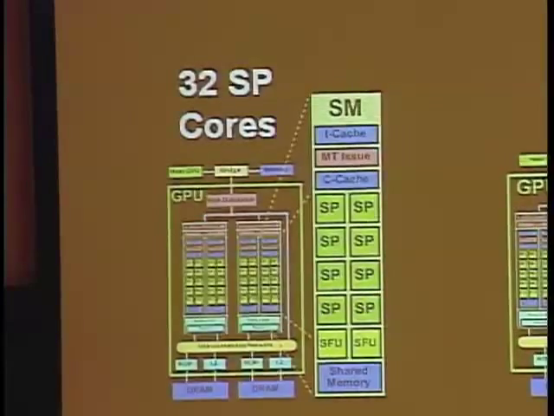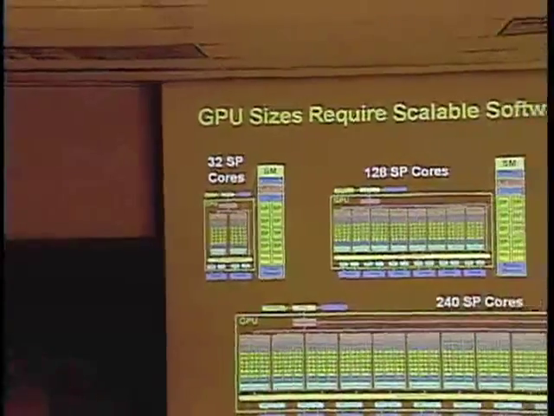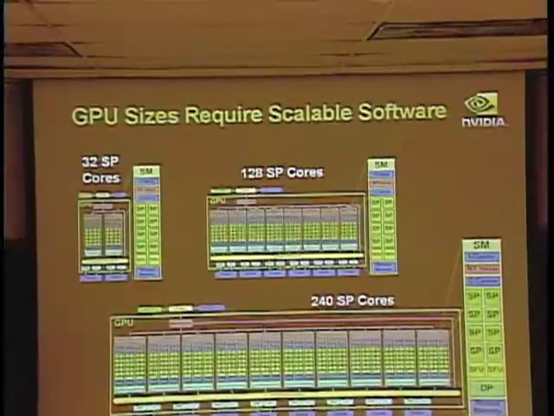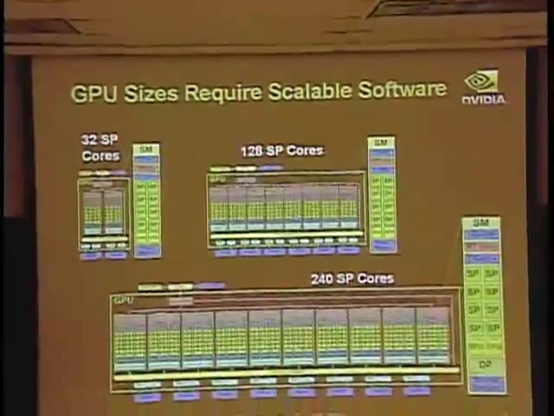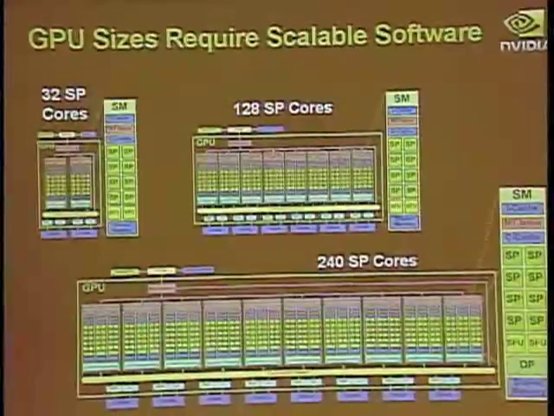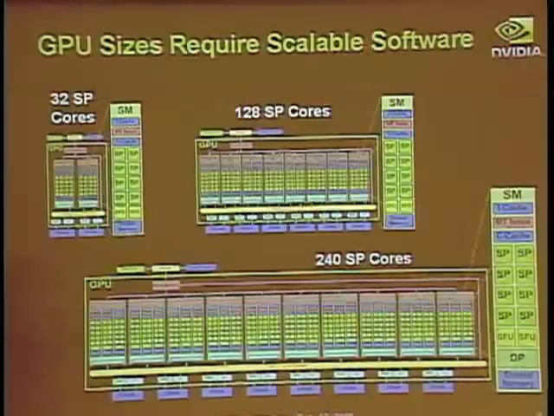And if you want to fill up a GTX 280 with 240 cores in it, you probably need 20,000 threads, maybe more. So if you have figured out how to make your problem 4-way parallel, that's pretty cool, but you're not anywhere near the point of filling up a GPU.